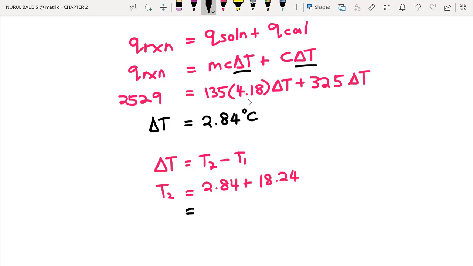Lastly, our T2 is 21.08 degrees Celsius. This is our final answer for these questions.